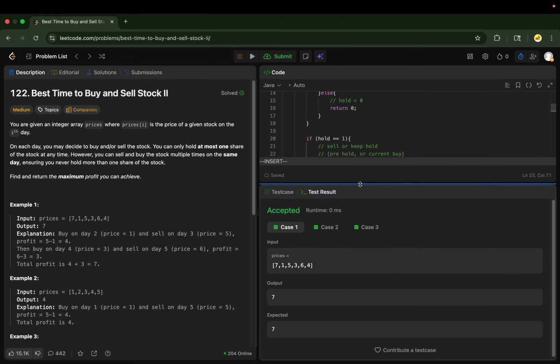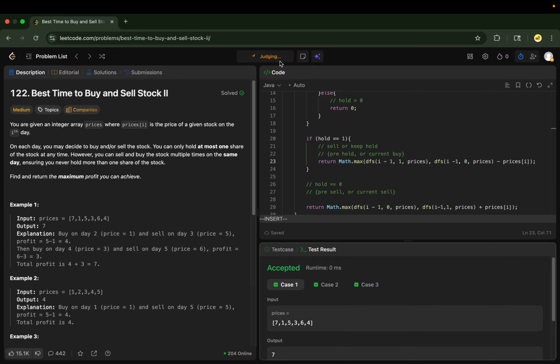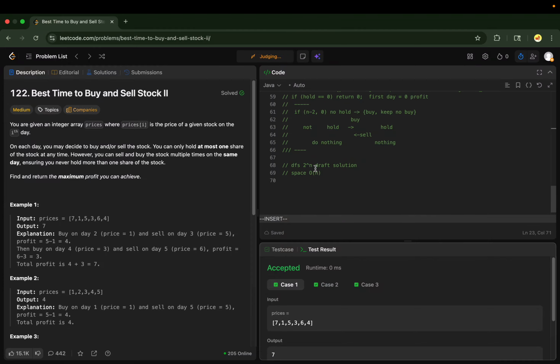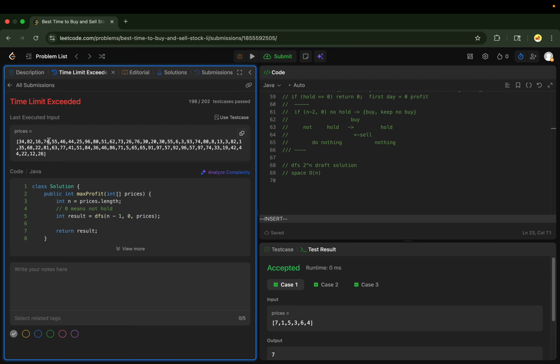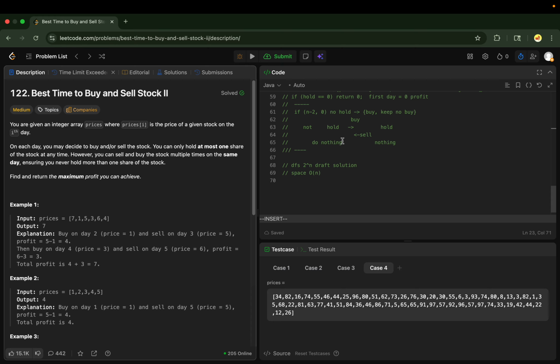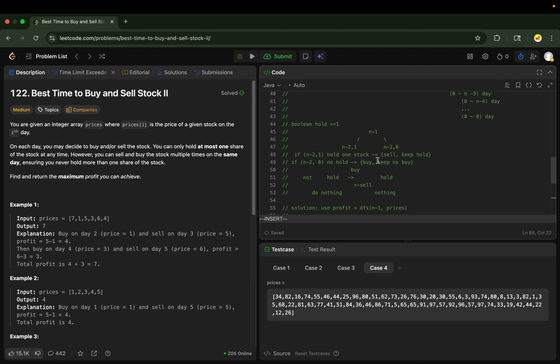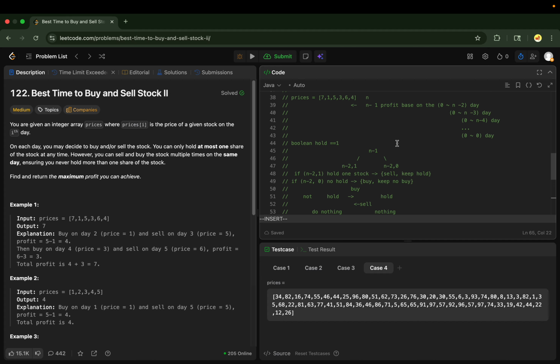Yeah, it passed, but the time is very large, so it will encounter some issues. Let's see. Time exceeded, so we have to improve this. During our process, this tree has some duplicates.